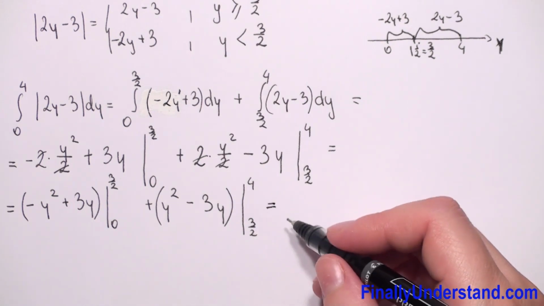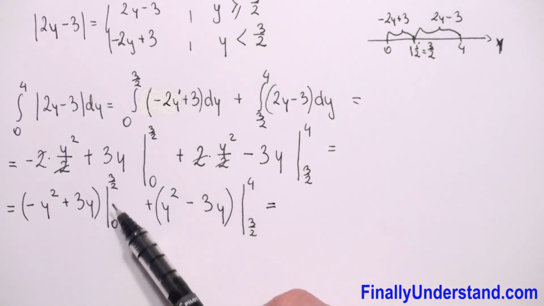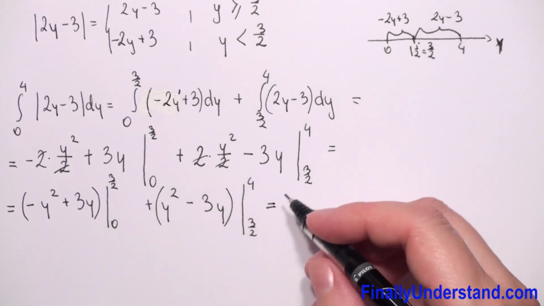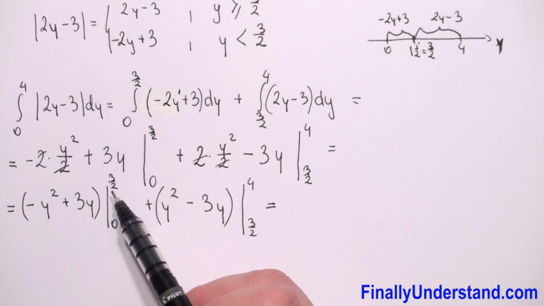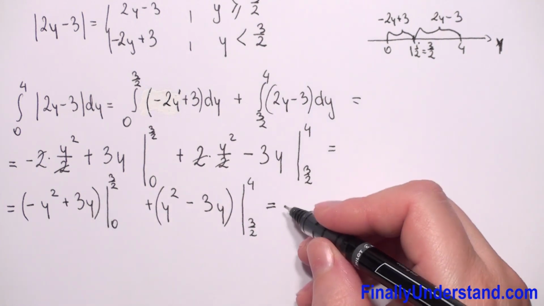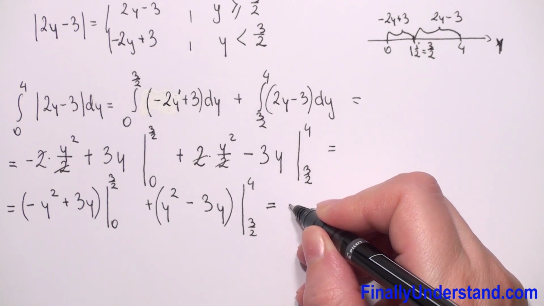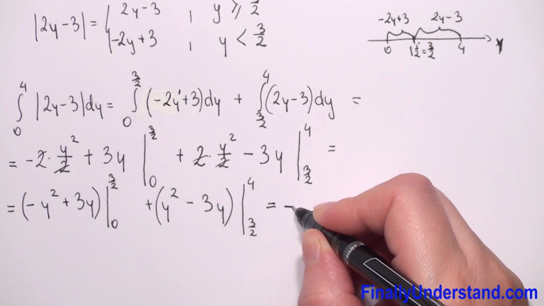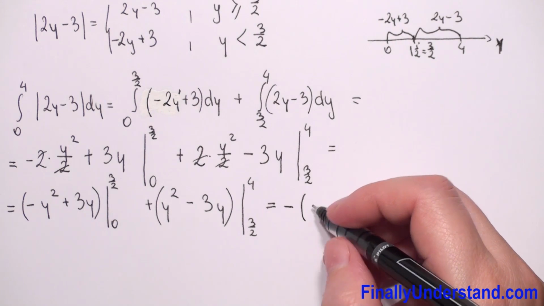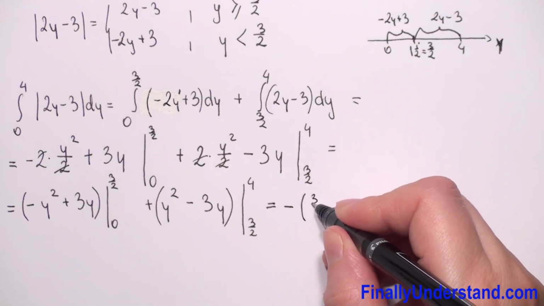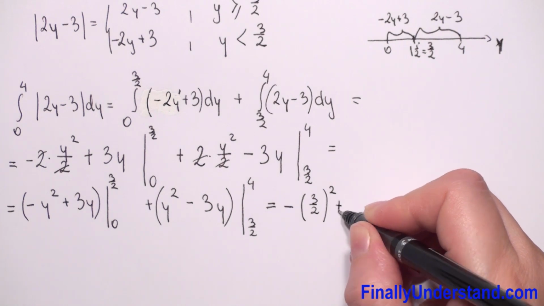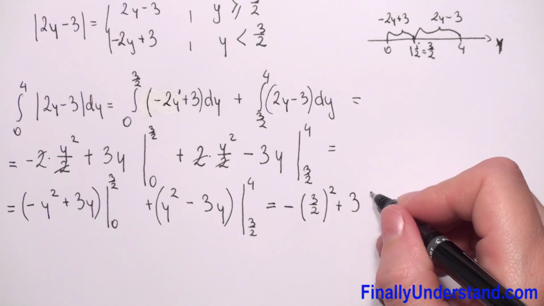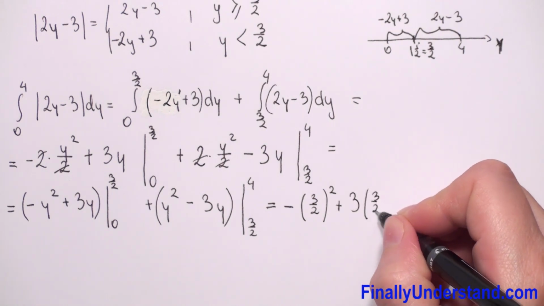So this is equal. Now we have to plug first upper limit. So it means we have to replace y by 3 over 2 first. So it will be negative sign we have to copy, and in parentheses we will put 3 over 2 square plus 3 times 3 over 2.